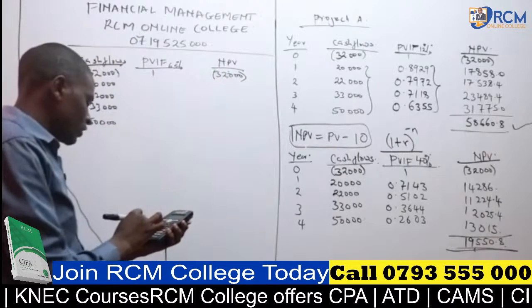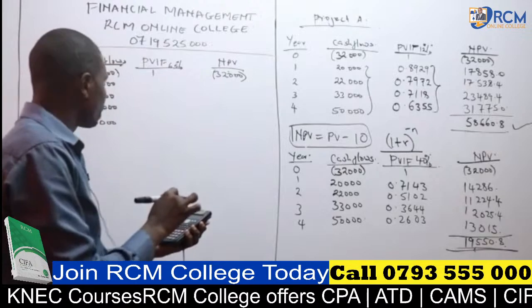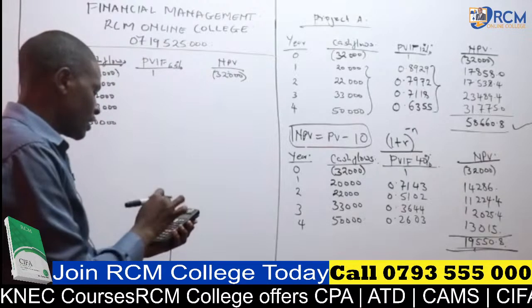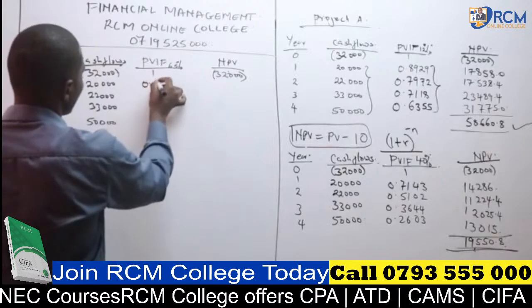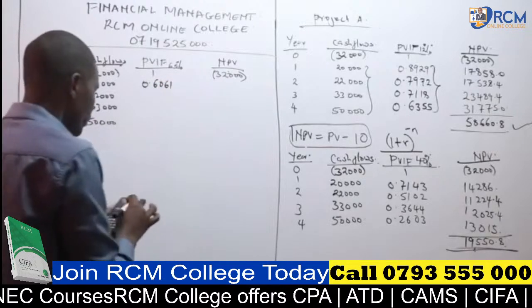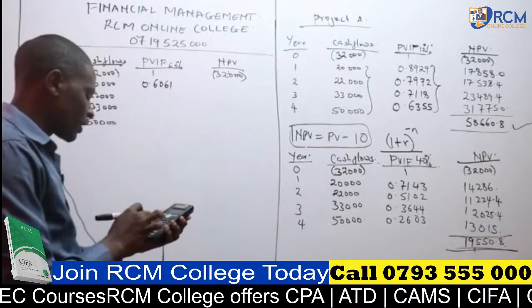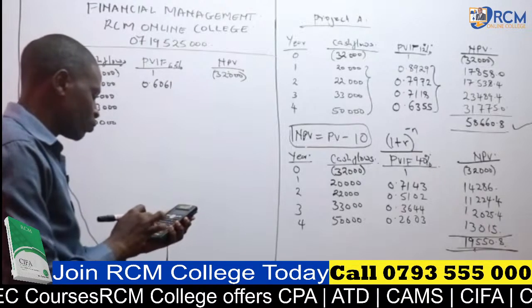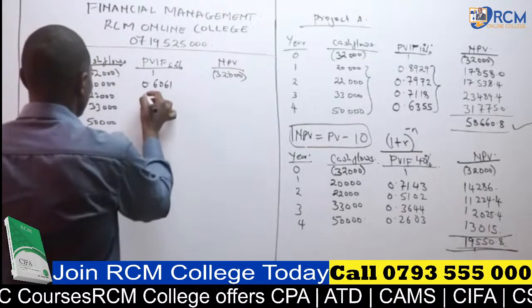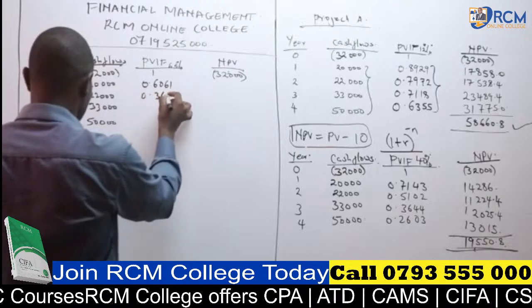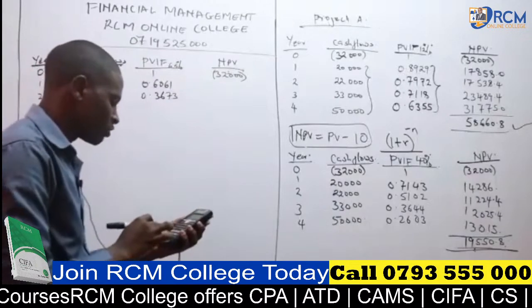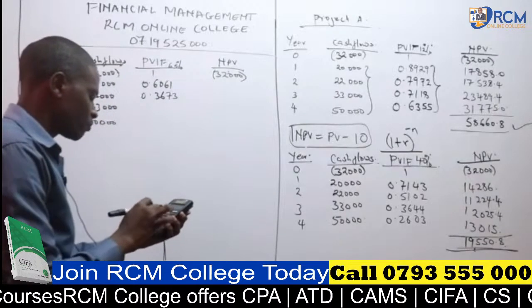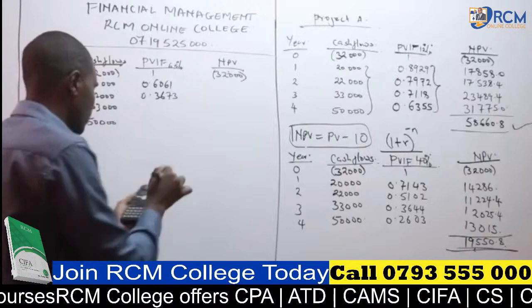So 1.65 raised to power negative 1 is 0.6061. Good. I go to 1.65 raised to negative 2, 0.3673. Almost there. 1.65 raised to power negative 3.